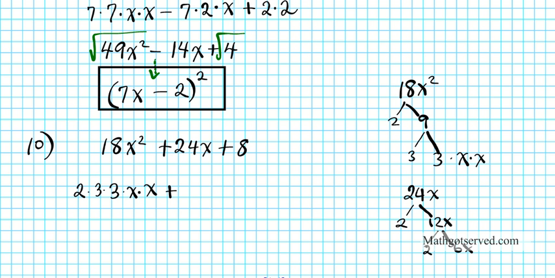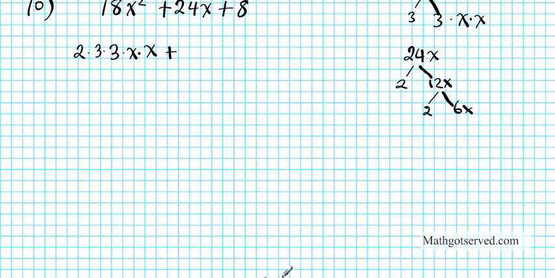Alright, and then now let's break down the 6x. To break down the 6x, we'll take out 2 times 3, and then times x. So basically it's 2 times 2 times 2 times 3 times x. So for the 24x, we're going to have 2 times 2 times 2 times 3 times x plus.